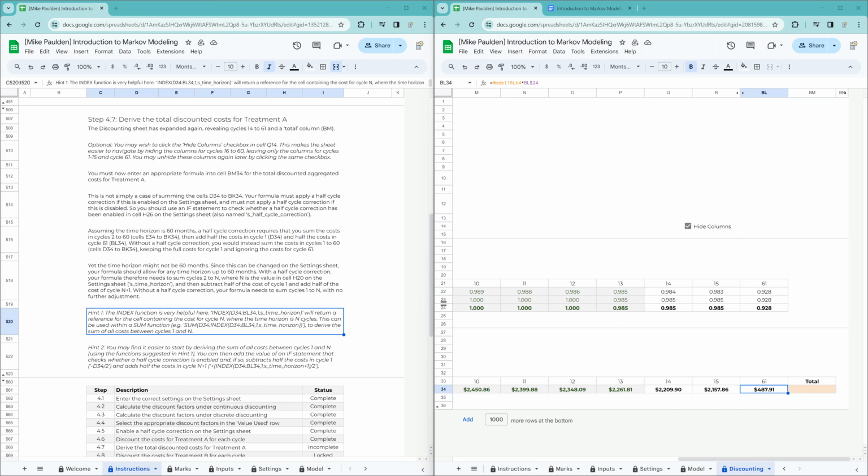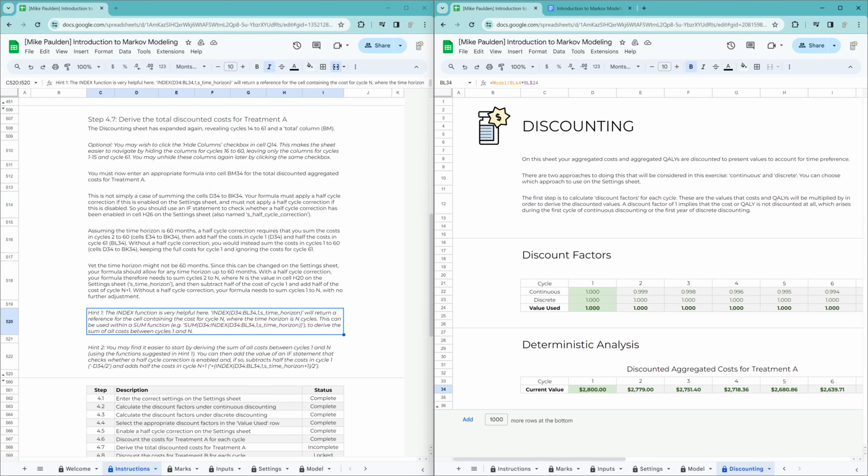So if you look at hint 1, it says the INDEX function is very helpful. If you put in INDEX and then D34 to BL34, which is this whole range that we've got just here, and then you do comma 1, comma S time horizon, that will return a reference for the cell containing the cost for cycle N, where the time horizon is N cycles.